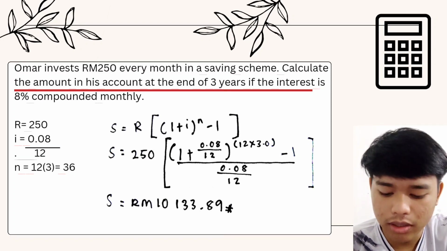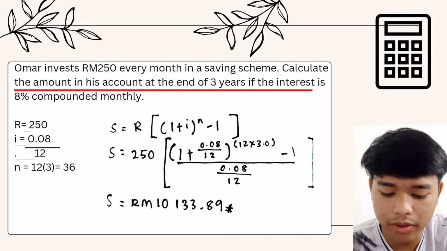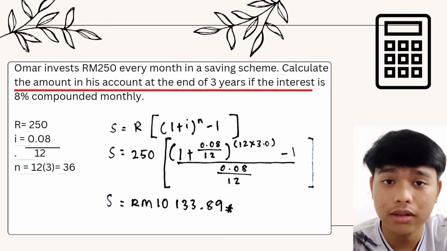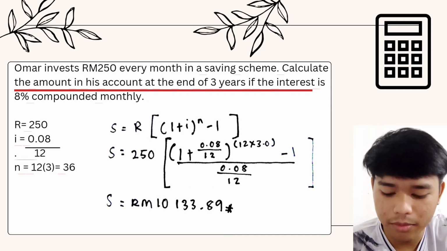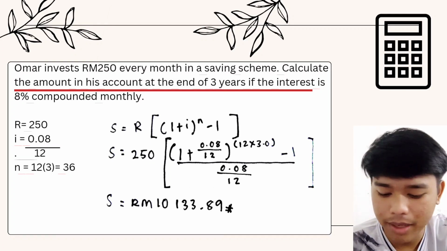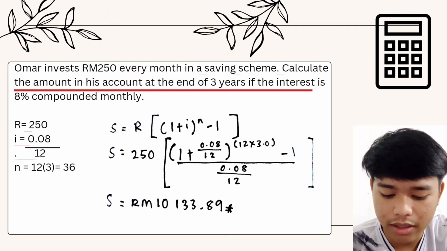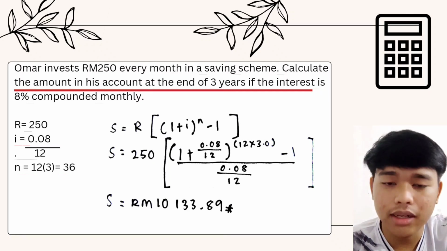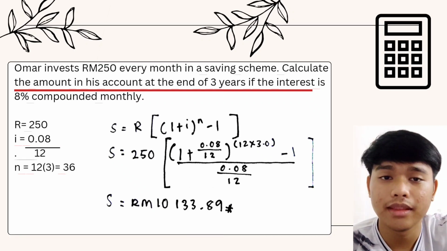So S equals 250 times (1 plus 0.08 over 12) to the power of (12 multiplied by 3), minus 1, over 0.08 over 12. After calculating, we get RM10,133.89.